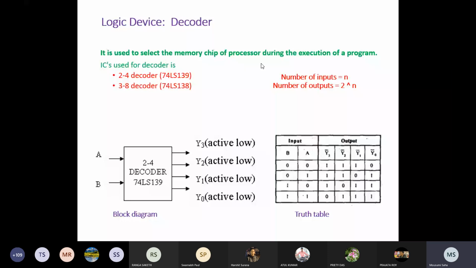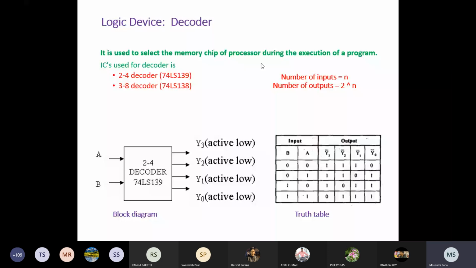Now a little bit I want to explain the truth table. See the truth table: 0 0, at that moment y0 bar is 0, others will be 1. So with the help of the active low value we can select the devices. Now 0 1, y1 bar equals 0; 1 0, y2 bar equals 0, others will be 1; and 1 1, y3 bar equals 0, others will be 1.